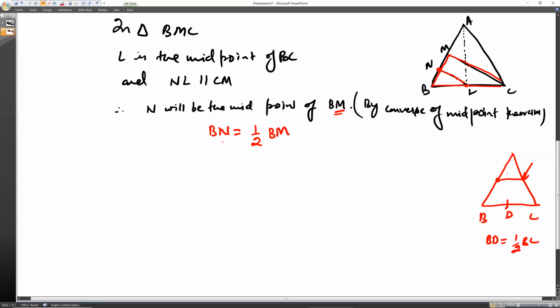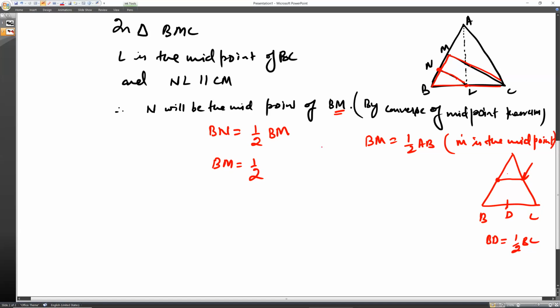So now you know that BN is equal to half of BM, and you know that BM is half of AB. Why? Because M is the midpoint of AB. I will take your class one more time.